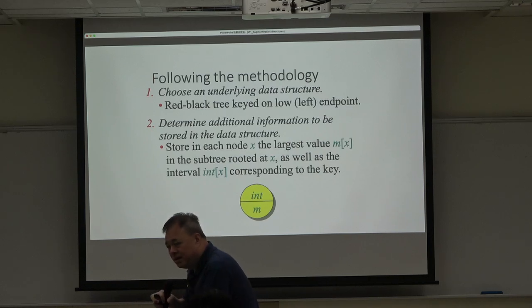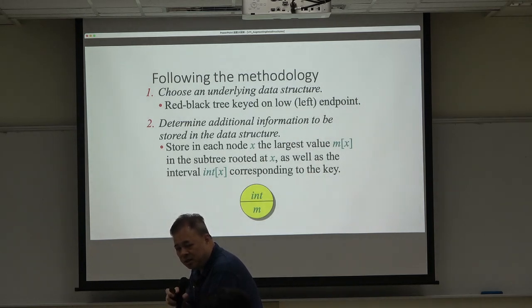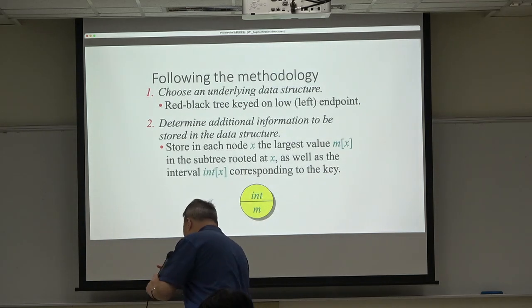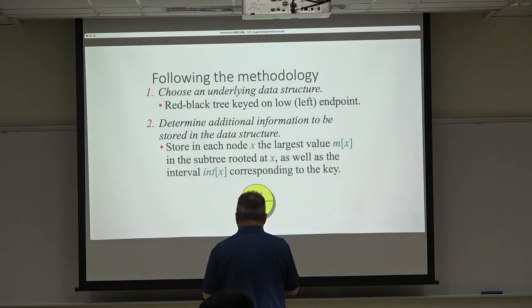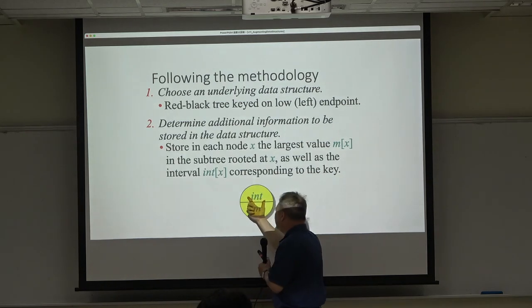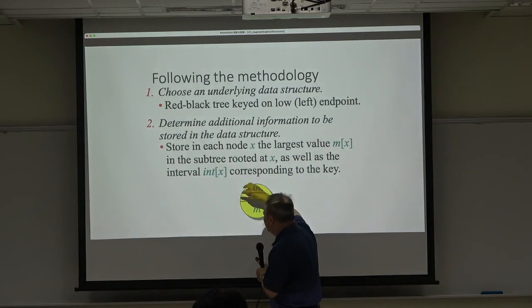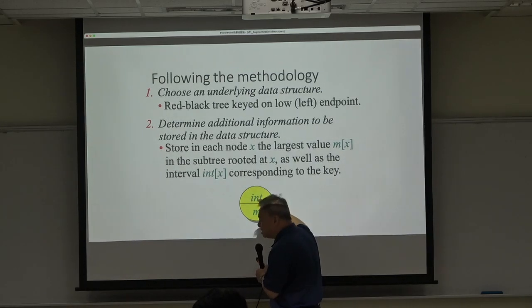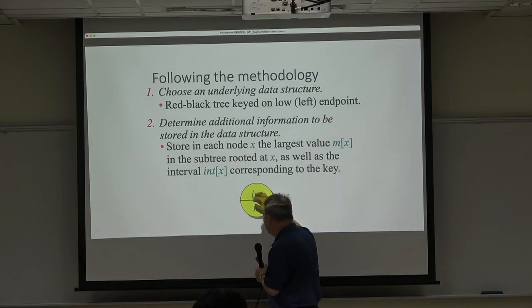Can we use the right endpoint? We could, but the other part needs to be modified as well, obviously. First, I just want you to understand we use the left endpoint as a key, but we are going to store the entire interval. So this int basically indicates we store the left endpoint and right endpoint here, but the real key is the left endpoint.